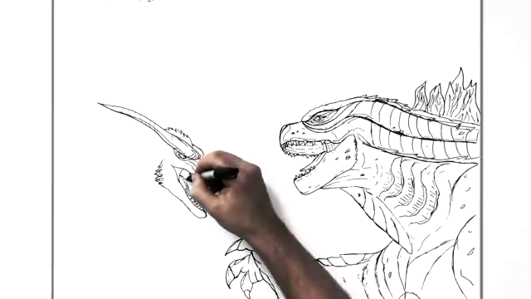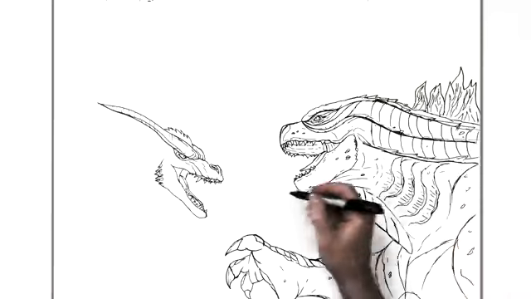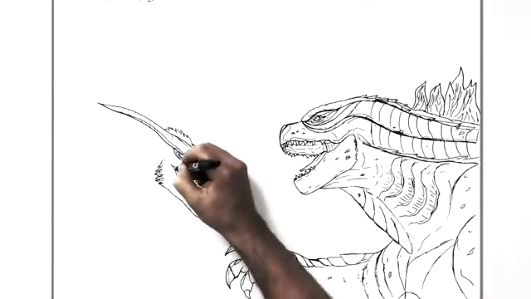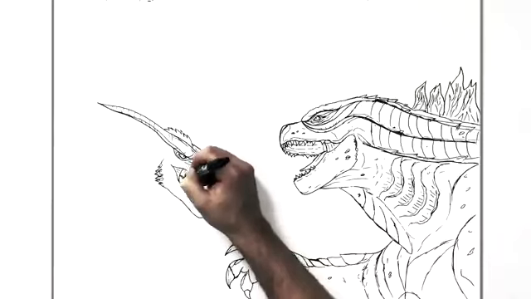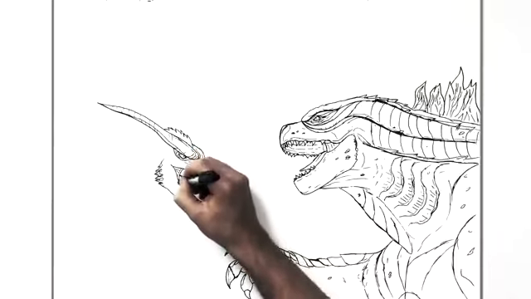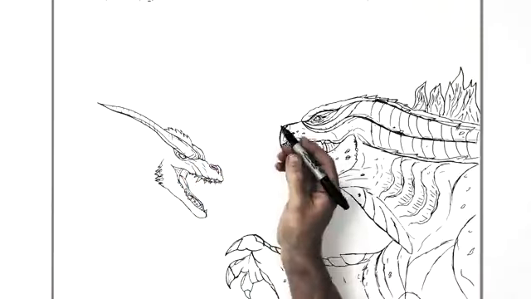And then the side of his mouth on the other side over here. We can't see his other teeth either, so just like that. And then some scaly lines, just on the bottom jaw.